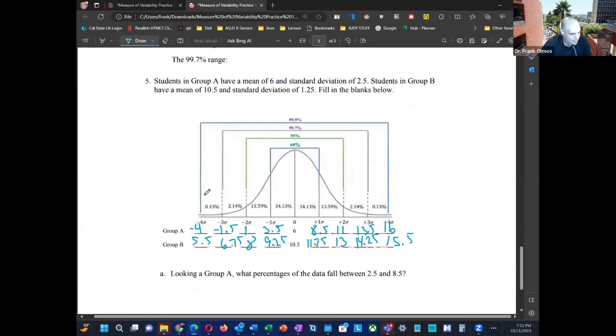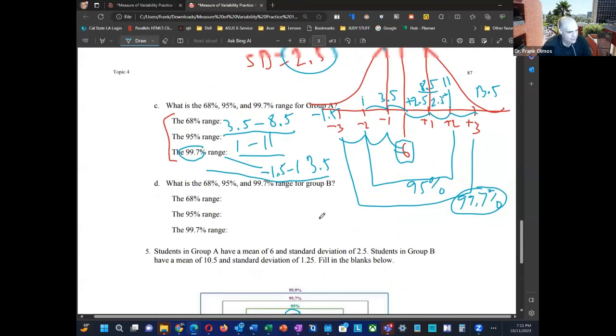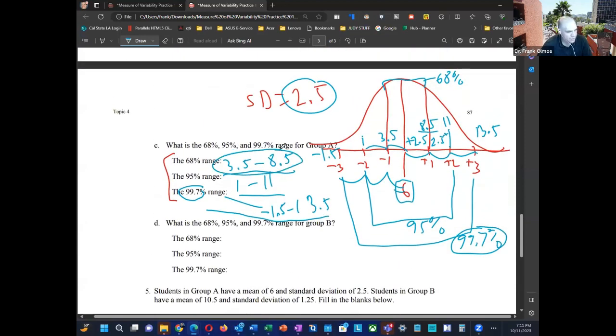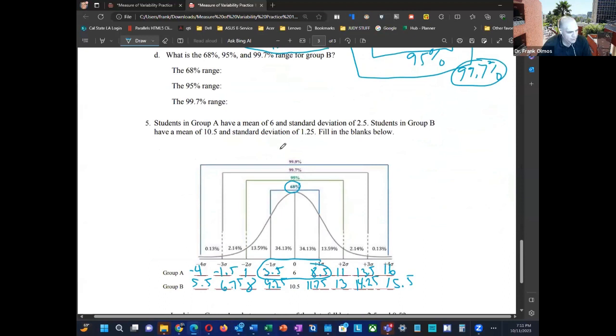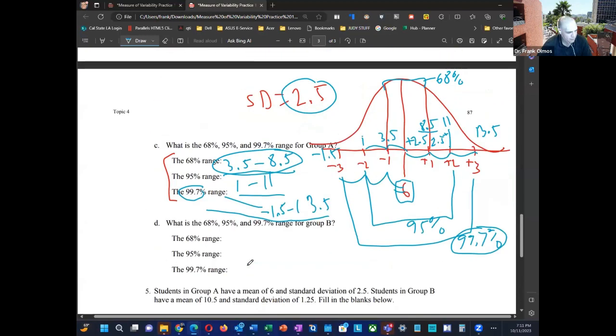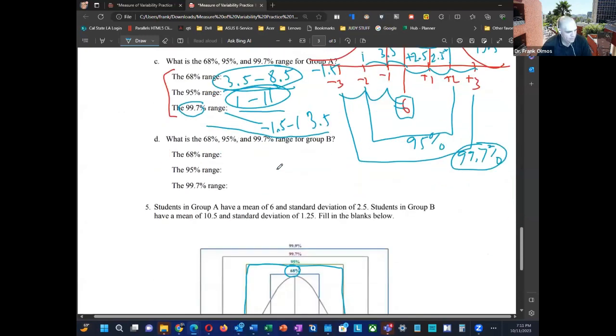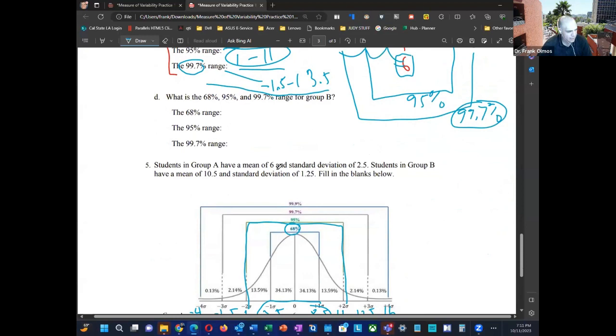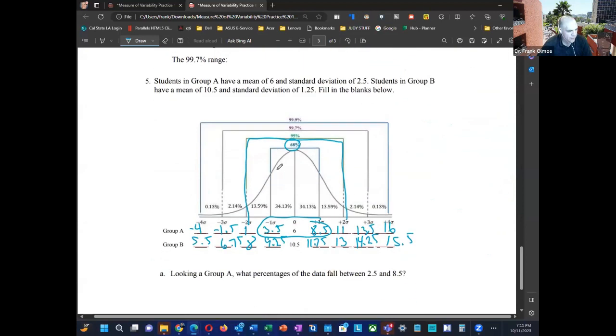That's why, look, you see the 68% range, 3.5 to 8.5, is right there. That's what I have here. The 95% range, 1 to 11, it's right there. The 99.7 range, negative 1.5 to 13.5, it's right there.